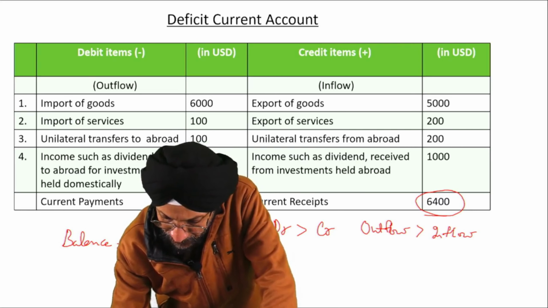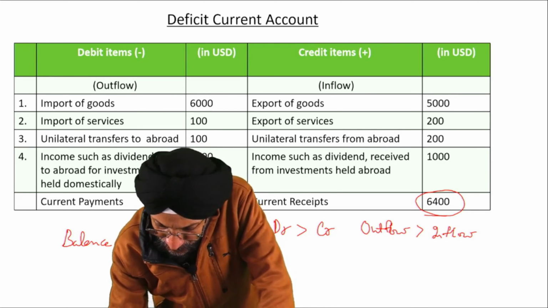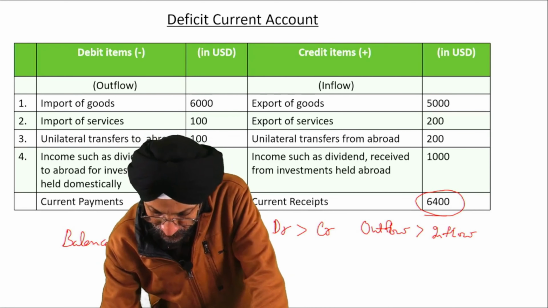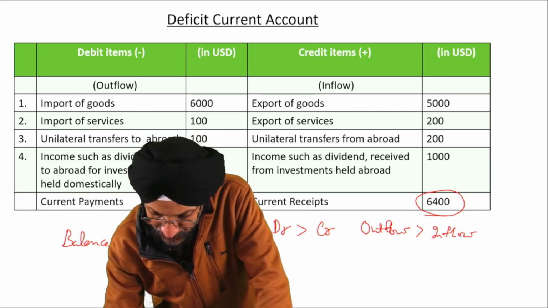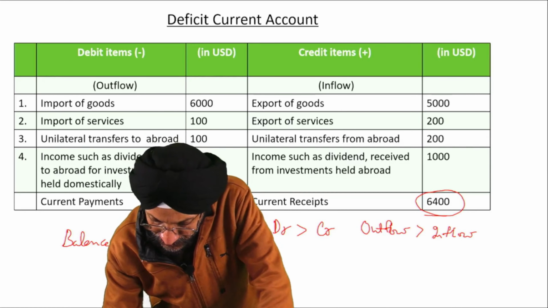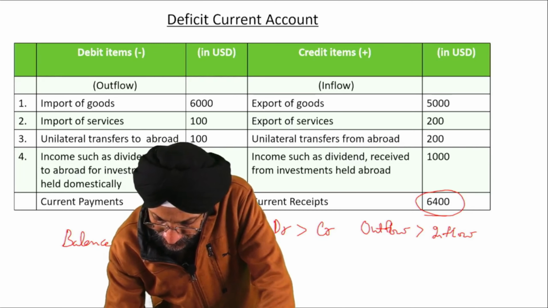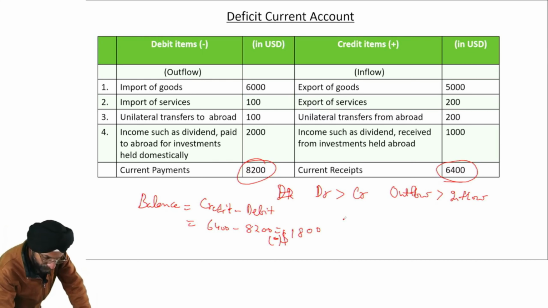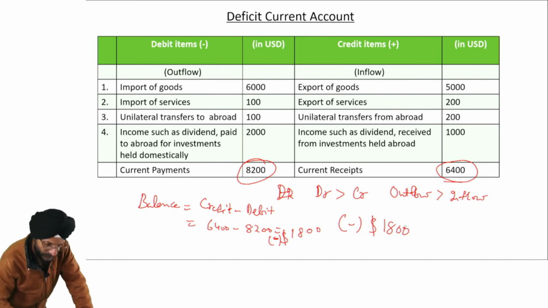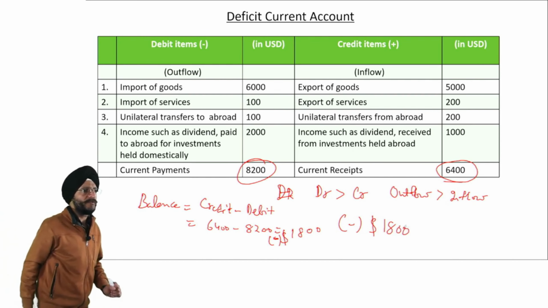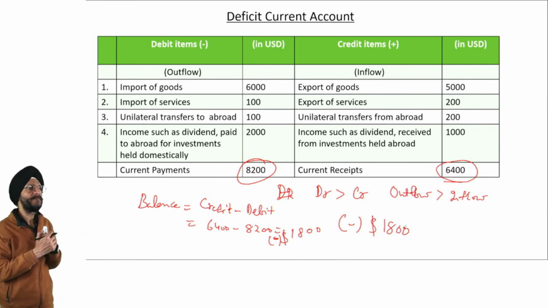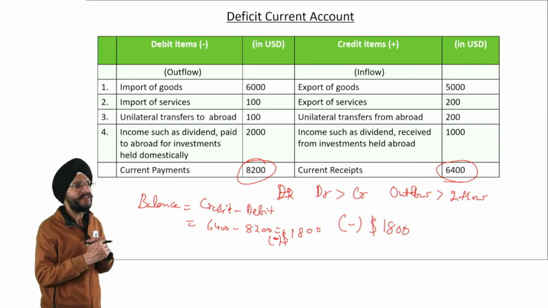What is the balance? The balance is minus 1,800 US dollars. So here the figure is reflected as minus. It shows a deficit current account.